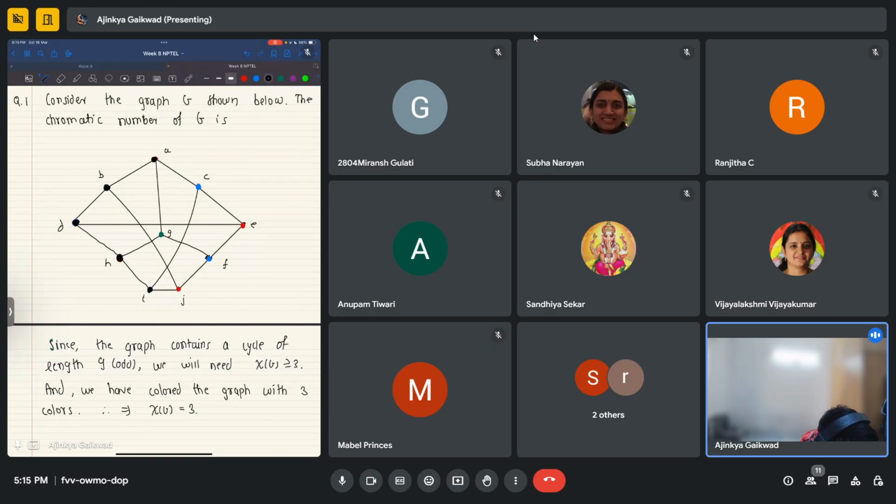Chromatic index means you have to color the edges so that no two adjacent edges have the same color, right?